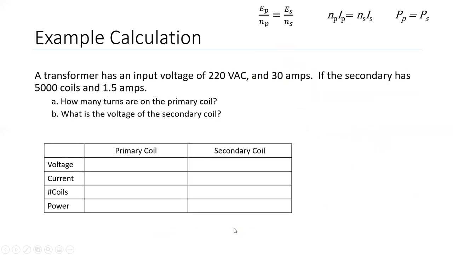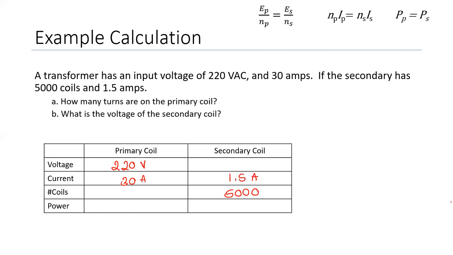We'll do one more calculation and then that finishes us off. So a transformer has an input voltage, that's the first one, of 220 VAC, just means volts of AC. So 220 volts and 30 amps. The secondary has 5,000 coils and 1.5 amps.